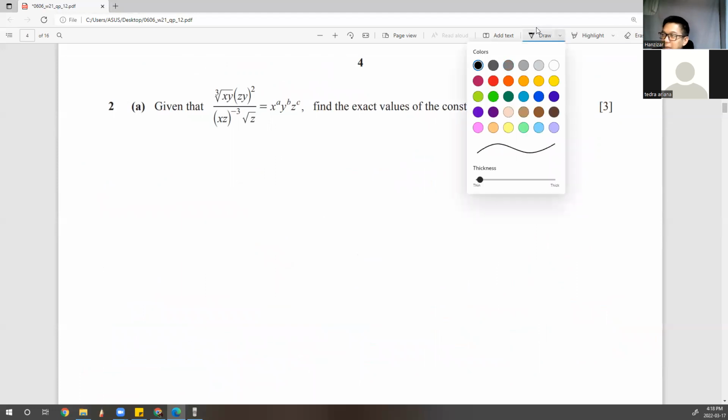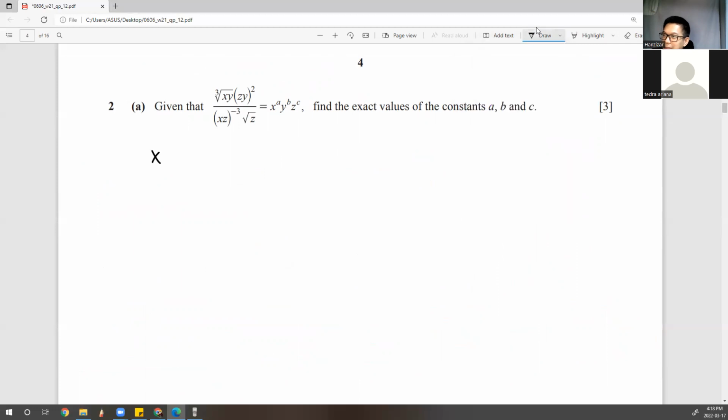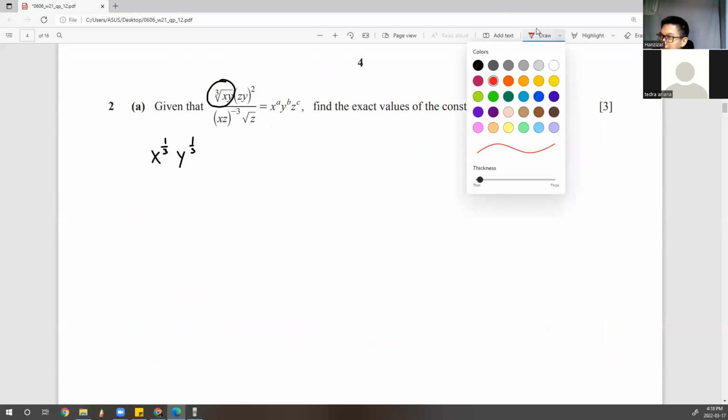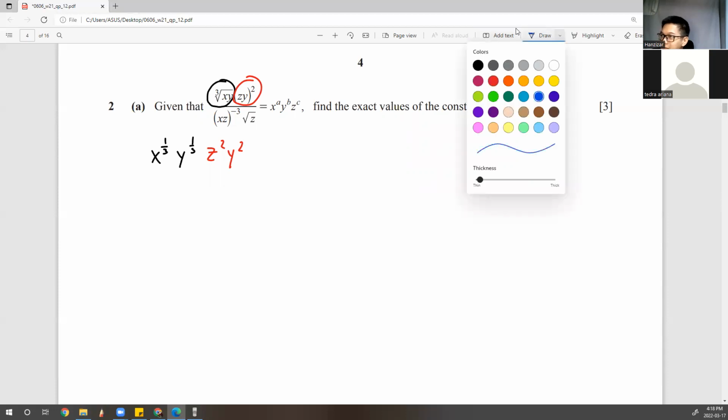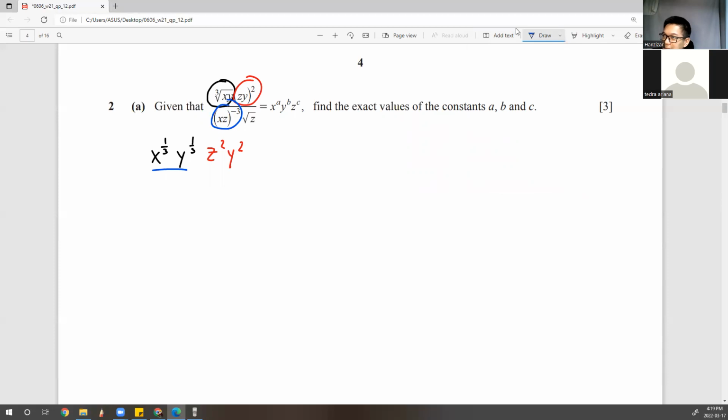Okay, so cube root means x power 1/3, right? And then y power 1/3. And this will be z squared, y squared, open the bracket, over z power negative 3. And then this is the other piece of cake, z power half.